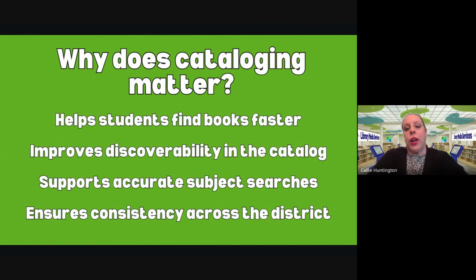It helps the students find their books faster, but it also improves discoverability in the catalog. So when your records are really nice and neat and complete, when they do a search, and I'm talking about a general keyword search, not the specific kinds with Boolean and so on, it's going to search summary, it's going to search subject, it's going to search all those areas looking for that word.